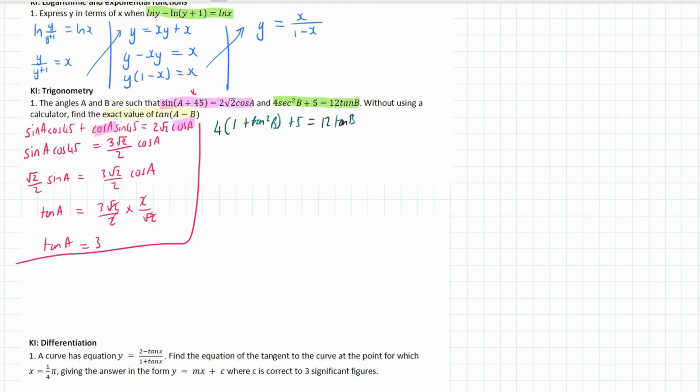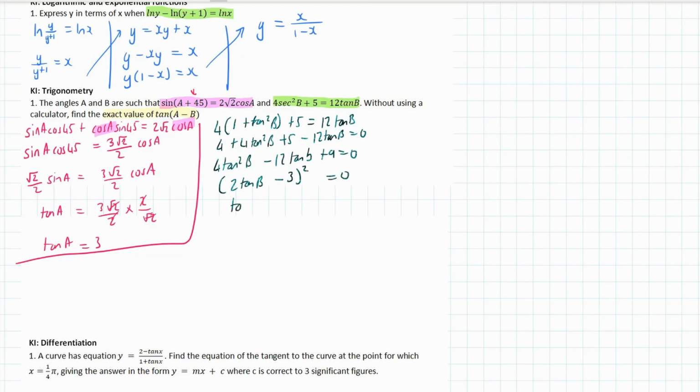And then I will expand, so I get 4 plus 4 tan squared b plus 5, and I'm going to probably just bring everything across to this side, equals 0, and go 4 tan squared b minus 12 tan b plus 9 equals 0. And if I factorize that, that looks to me like (2 tan b minus 3) squared equals 0.